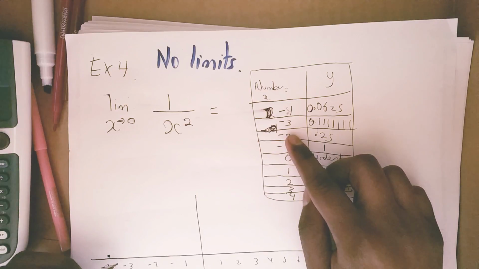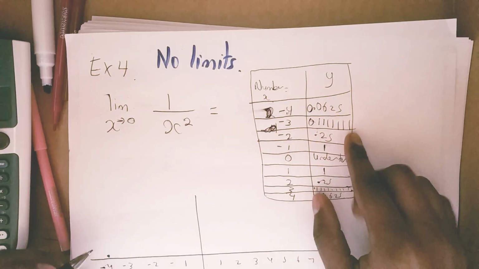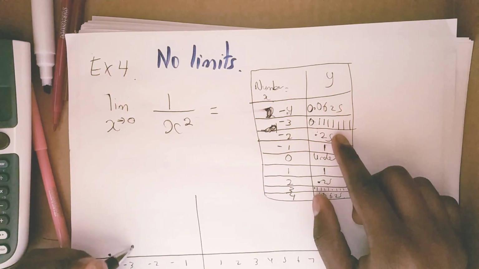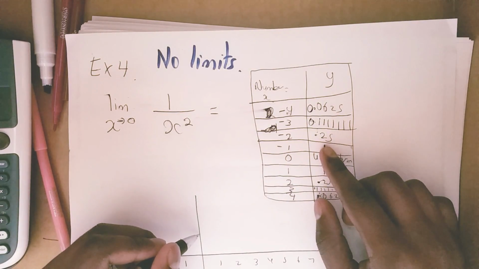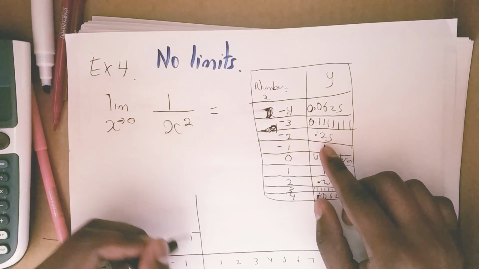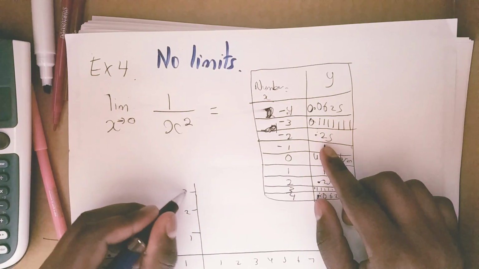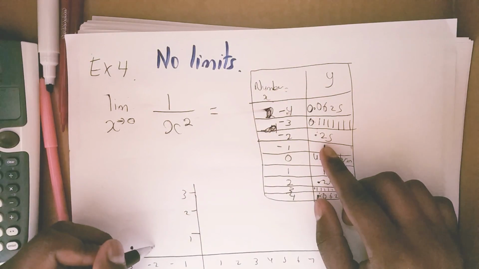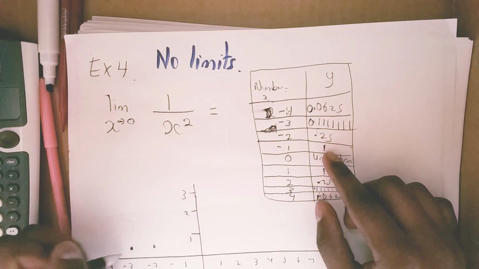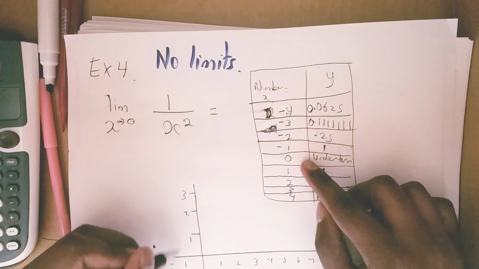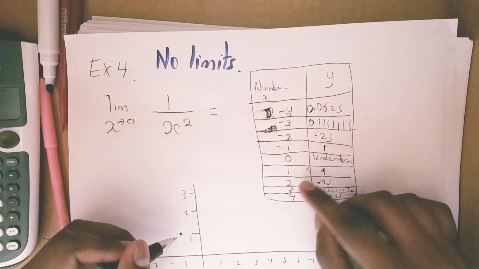When x is negative 1, y is 1. So y is a little bigger. Next is negative 2, y is 0.25. Y is a little bigger than this value here. Then it goes up to 1.